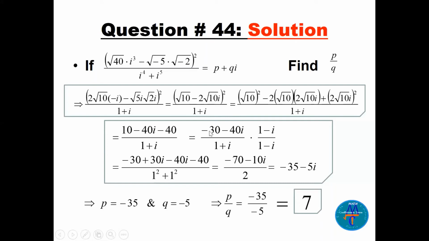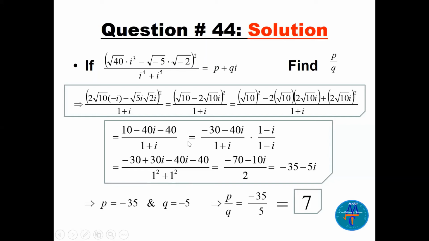Then you get minus 30 minus 40i over I plus 1. I plus 1 is coming from I power 4 is 1. I power 5 is I. Now we need to multiply here by the conjugate. 1 minus I, 1 minus I. That's the formula here, sum of two squares, 1 squared plus 1 squared.